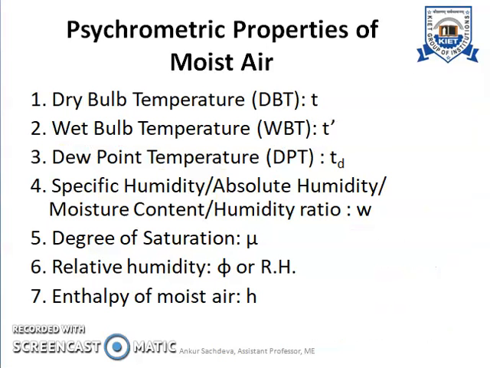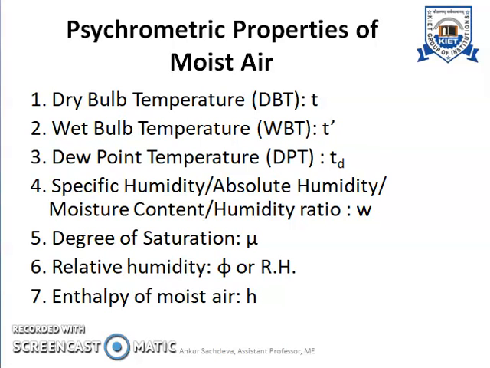Now let us look at some of the most important psychrometric properties of moist air. First, we have the dry bulb temperature, denoted as DBT, or in some textbooks you may find the symbol small t.